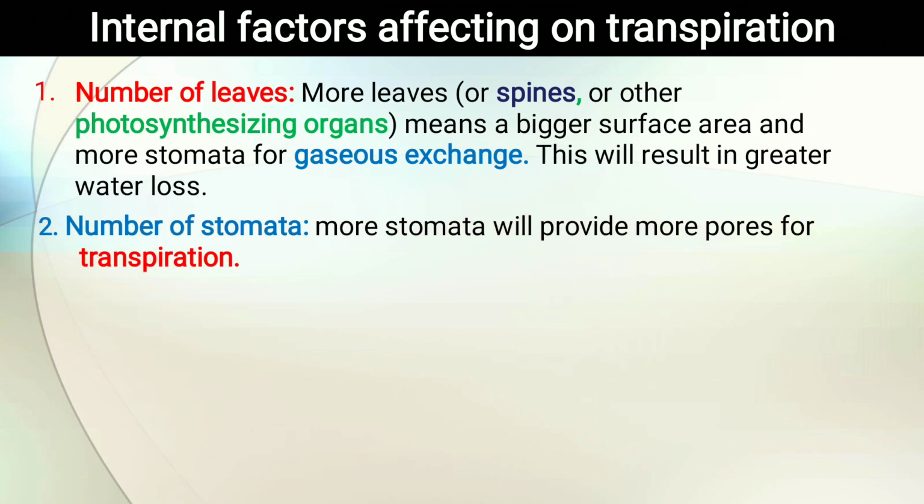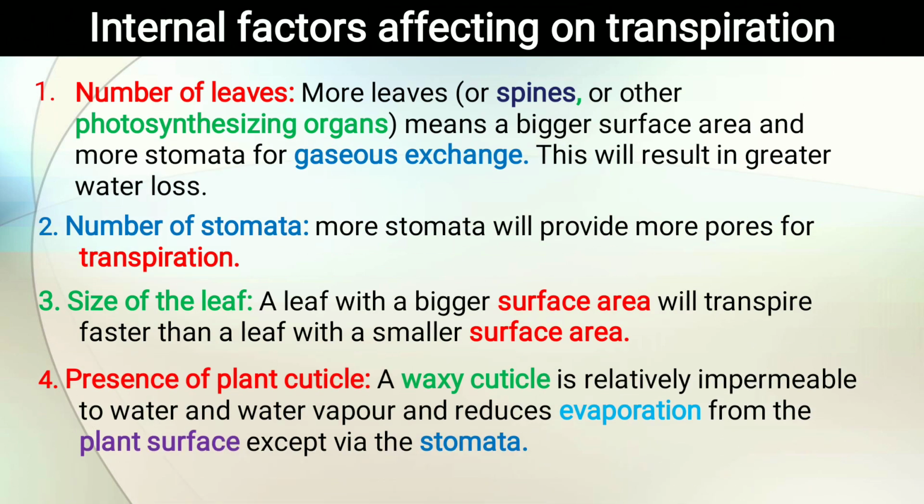First, the internal factors affecting transpiration. First one is the number of leaves. More leaves means a bigger surface area and more stomata for gaseous exchange. This will result in greater water loss.